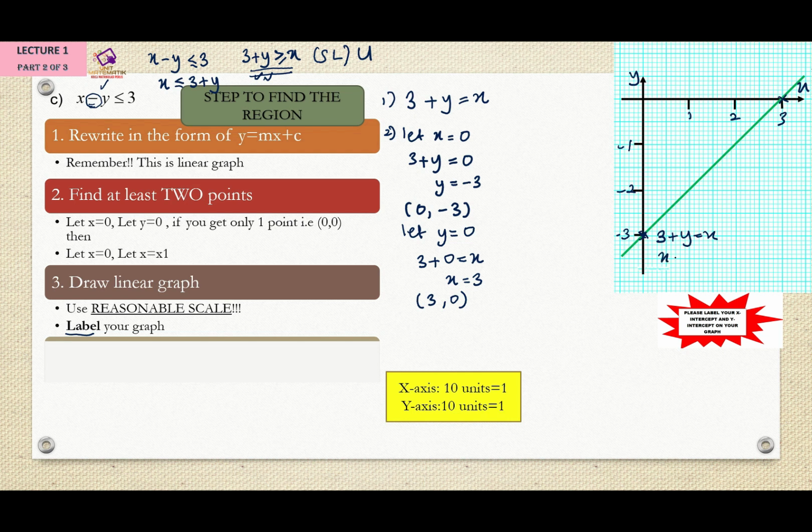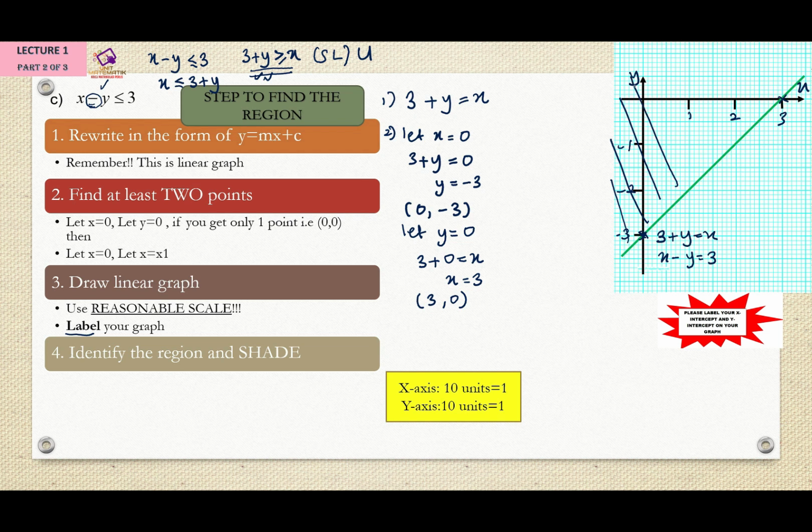You can also write it as x minus y equals 3. Okay, student? Then the last step, we need to identify the region and shade it. We already know that this is the upper region. So the upper region is like this. This is the region that we need to shade.